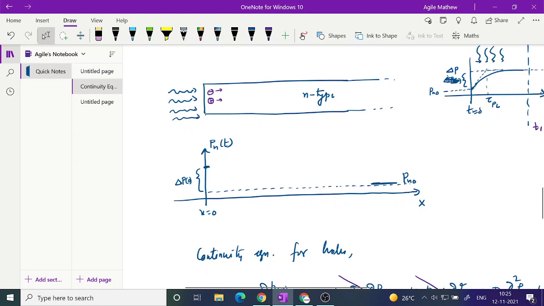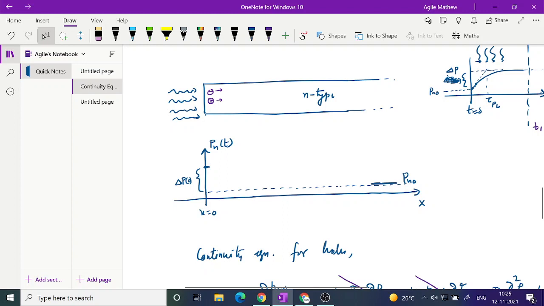GL is only on this side. For x not equal to 0 we don't have any optical injection. Only at x equal to 0 we have optical injection, but no other place. Therefore the only generation inside the semiconductor is GT.